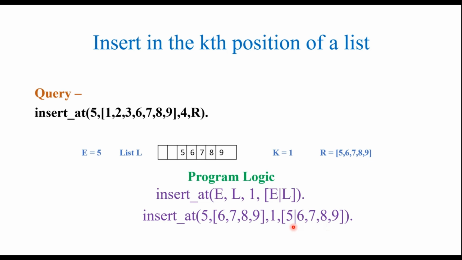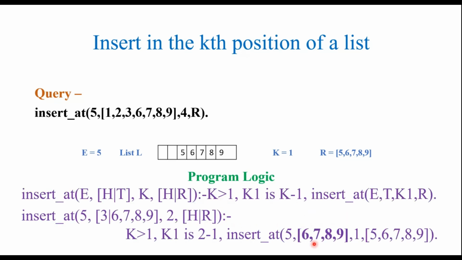Now again, we move back to whoever called this function. So we move back to this stage, when the value of K was 2 and we had a list like 3, 6, 7, 8, 9, where 3 was sent to the head part. At this stage, the rule called the function recursively with a new list 6, 7, 8, 9 without considering 3.